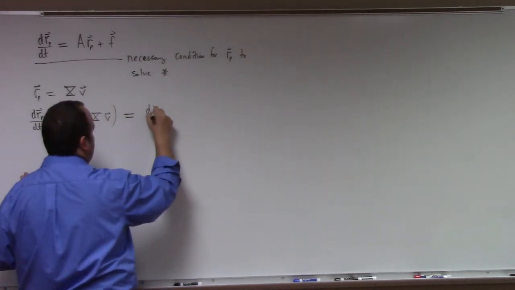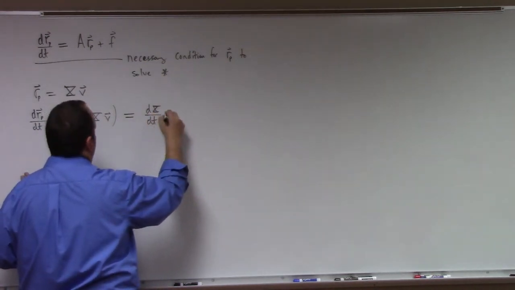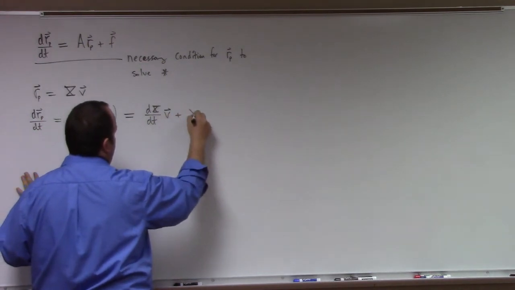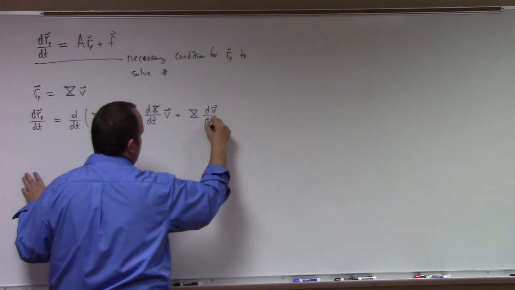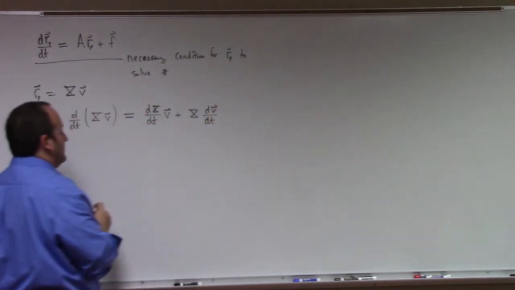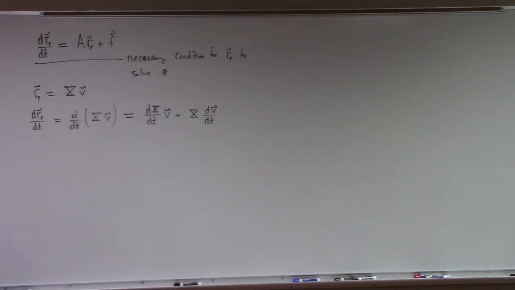It's exactly dx/dt times v plus x times dv/dt. The ordering matters here because you can talk about a matrix times a column vector, but you really shouldn't talk about a column vector times a matrix, right? Not unless the matrix is a row or something. But anyway, that's the product rule.